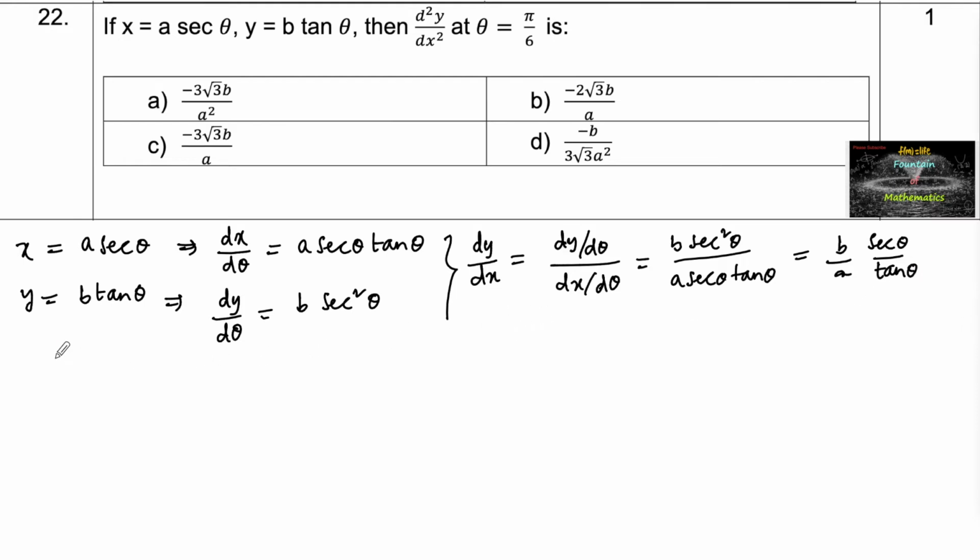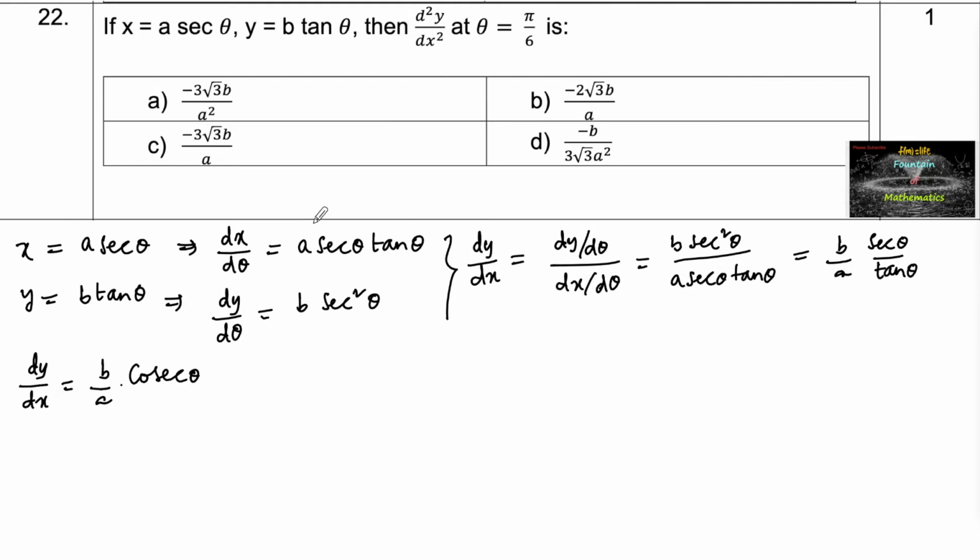Secant upon tan is nothing but 1 upon cos by sin by cos, that is 1 upon sin, that is cosecant theta. So dy by dx is equal to b upon a cosecant theta.